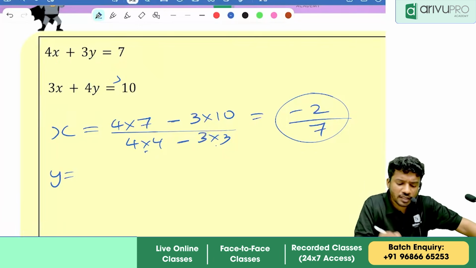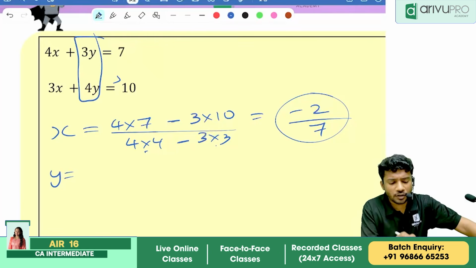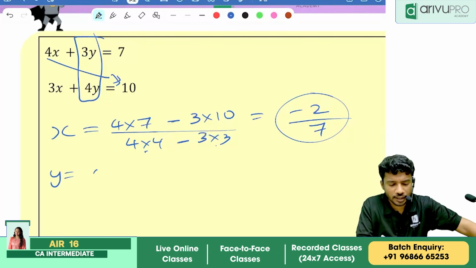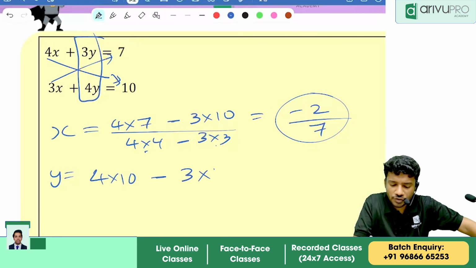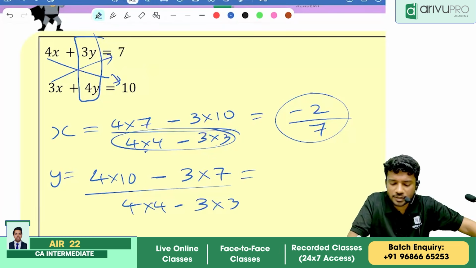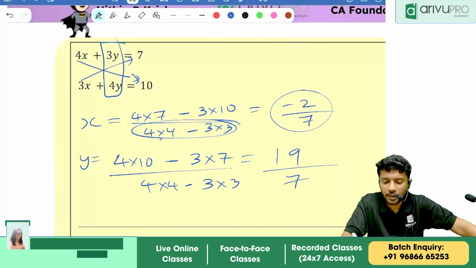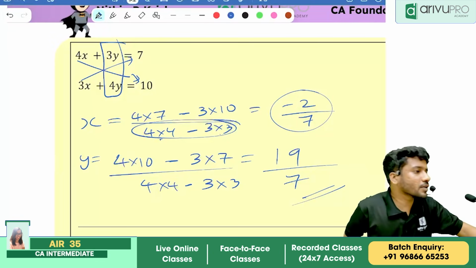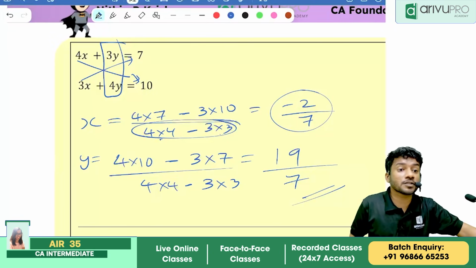Now in order to find the value of y, we ignore y, but you go from up to down: 4 into 10 minus 3 into 7, divided by the same denominator, 4 into 4 minus 3 into 3. 40 minus 21 is 19, divided by 7. Understood the method, people? This way we can solve the equation and get the answer much faster.